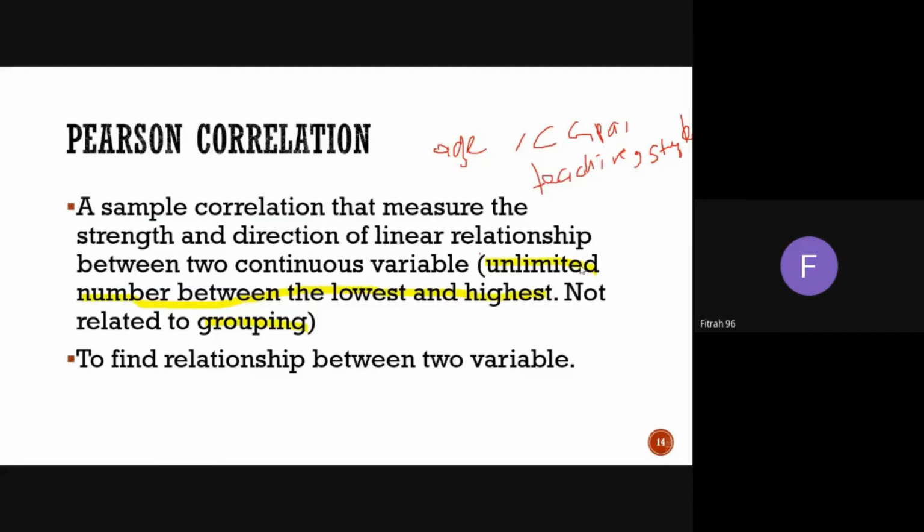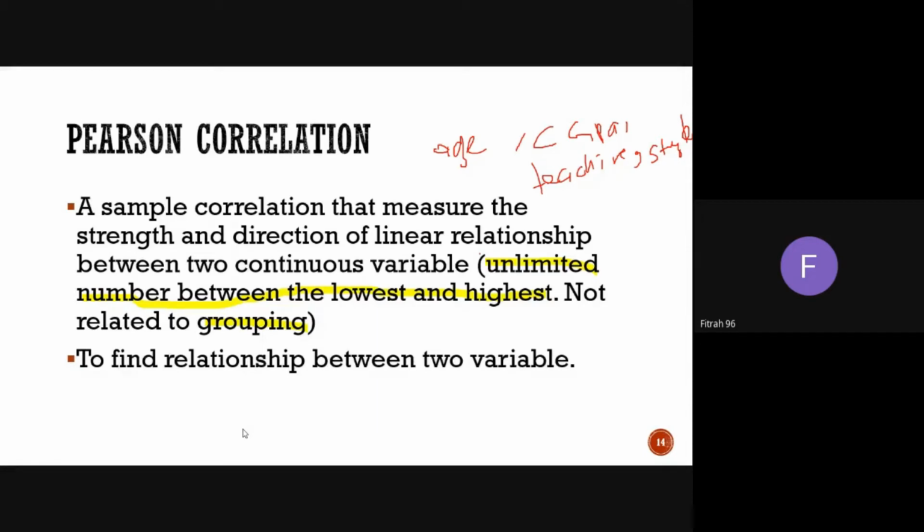We must know what is Pearson correlation. Pearson correlation is a measure of correlation where we measure the strength and direction of a linear relationship between two continuous variables. Maksudnya kita nak tengok kekuatan dan juga arah perhubungan antara sesuatu variable.